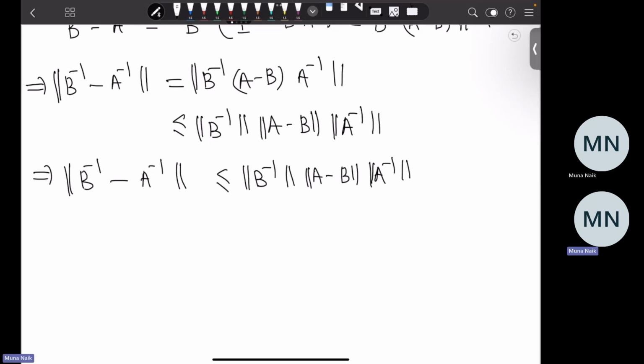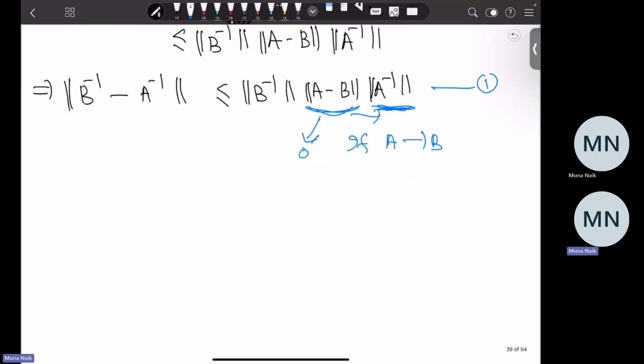Now if B converges to A, the norm of A minus B will go to 0. The norm of A inverse is a fixed quantity because we have fixed A. So the whole thing will go to 0, but like the previous case, this is the only problematic thing.